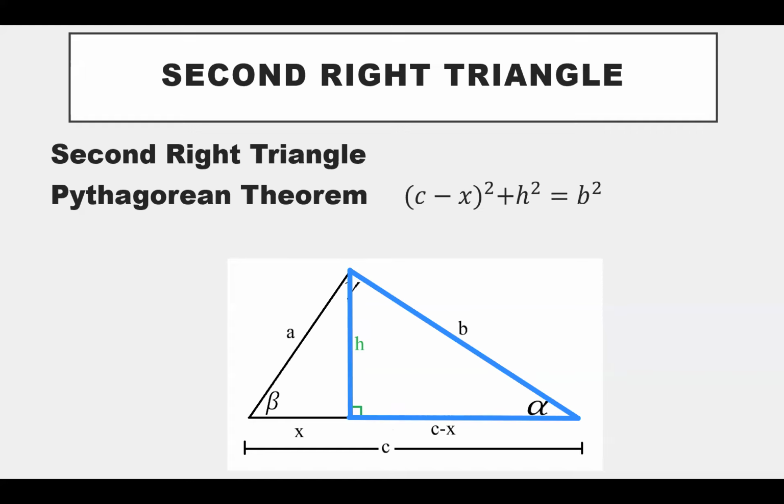The only thing we're going to need on this right triangle is the Pythagorean theorem. This right triangle has legs of h and c minus x, and has hypotenuse of b. So using the Pythagorean theorem, c minus x squared plus h squared will equal b squared.